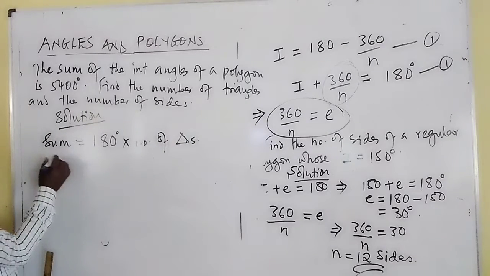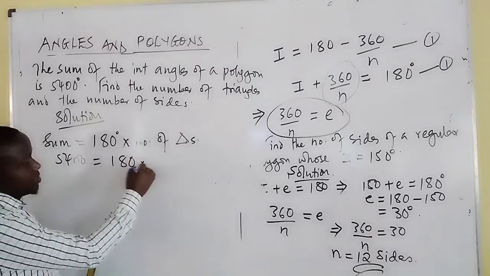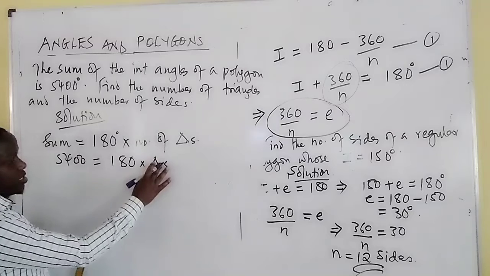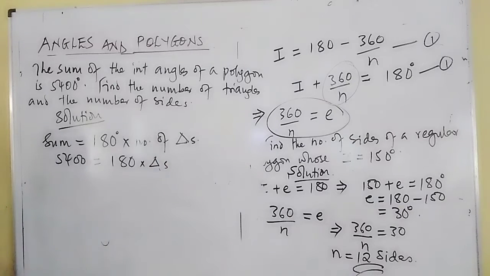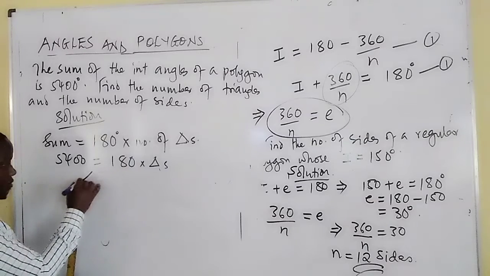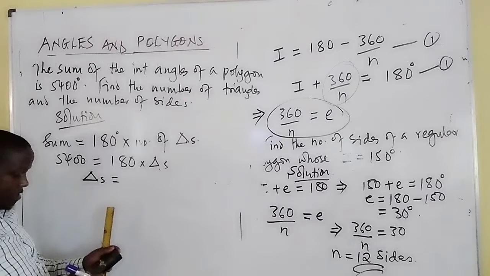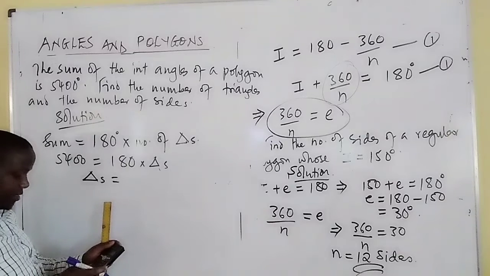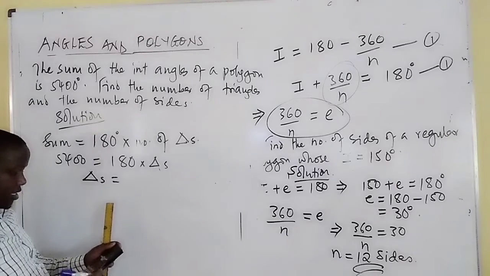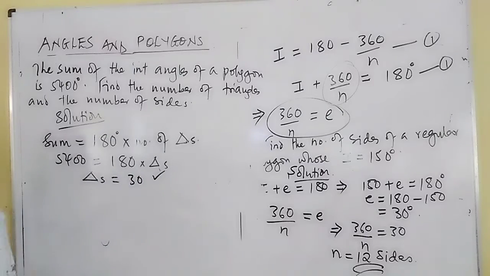Therefore, because the sum is given as 5400, we can have 180 times the number of triangles. So in this case, when we divide through by 180, we'll have the number of triangles as 5400 divided by 180. This will give us 30 triangles. Therefore, this figure has 30 triangles.